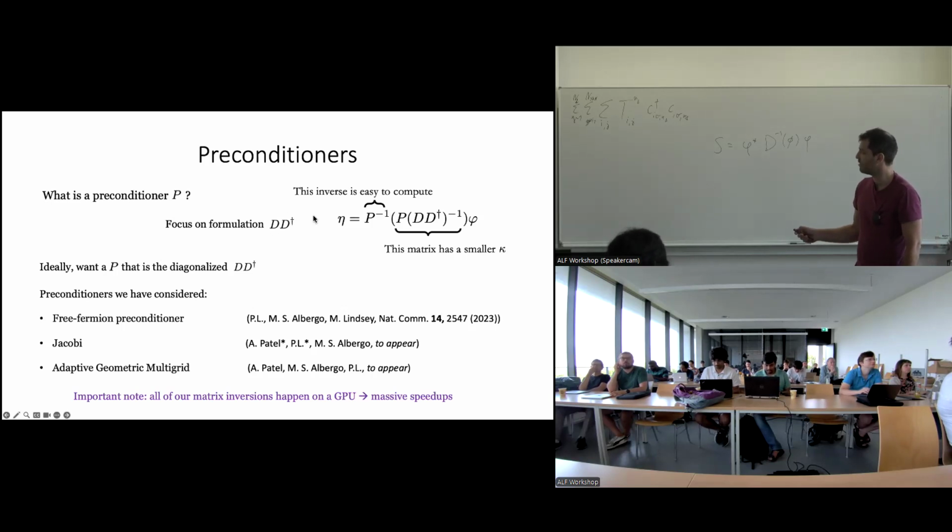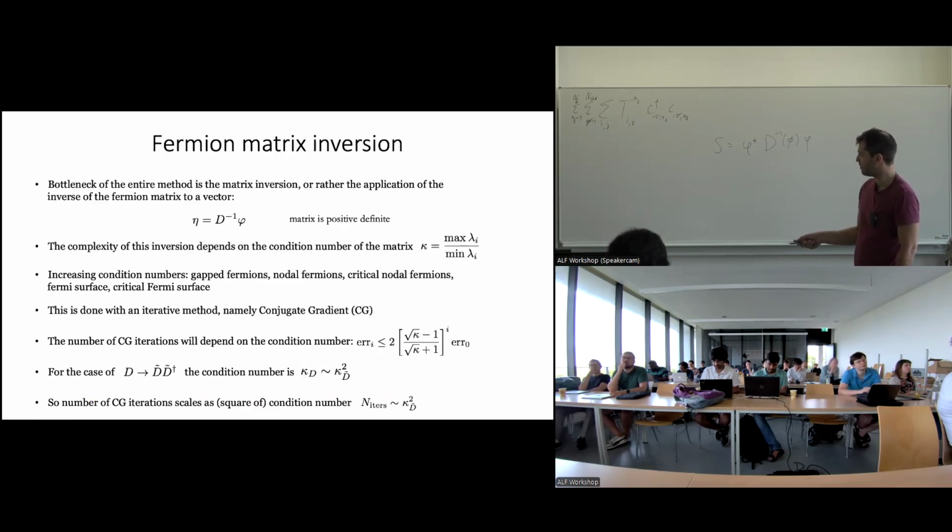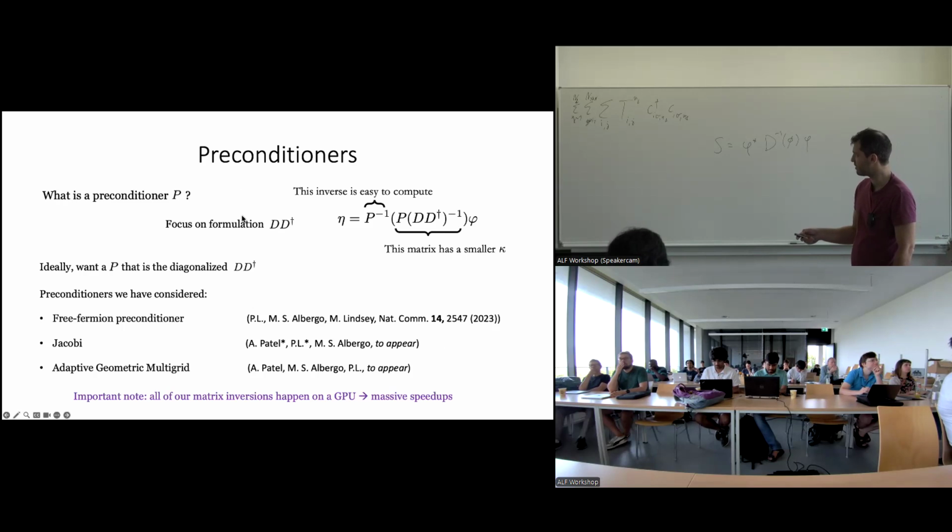P is some matrix that you apply P inverse to this equation, applying it on both sides, for example, and then what you have is the following. The solution that you want can be re-expressed as P inverse times this matrix. And now you can say, okay, maybe I can instead solve this problem here.